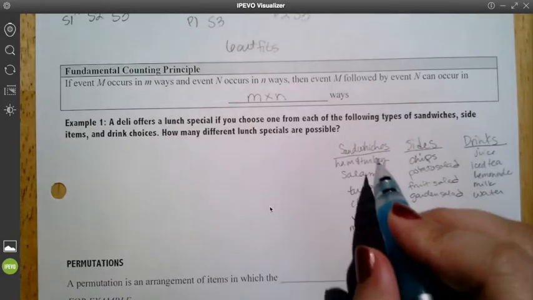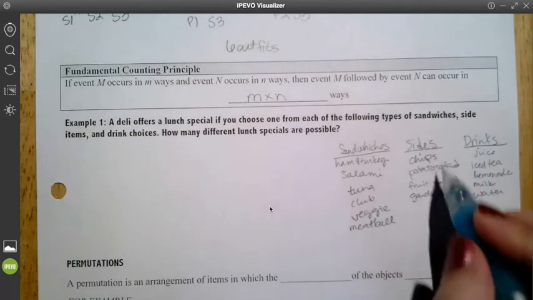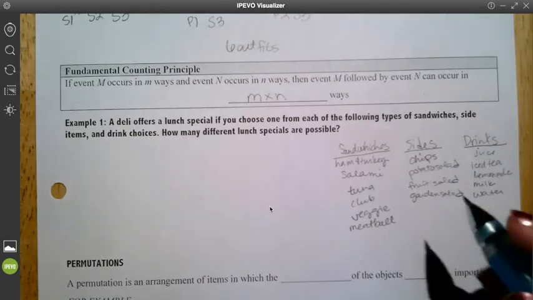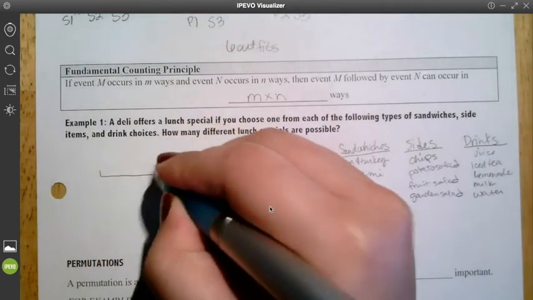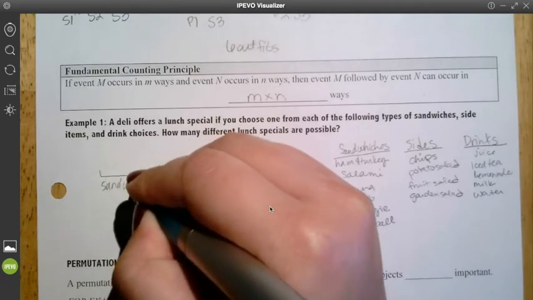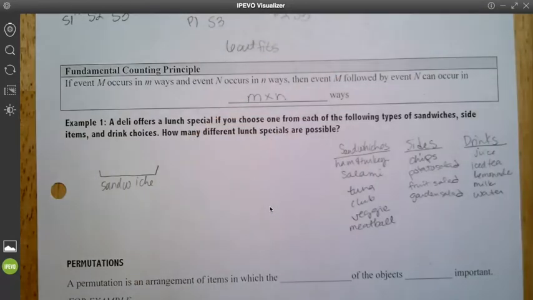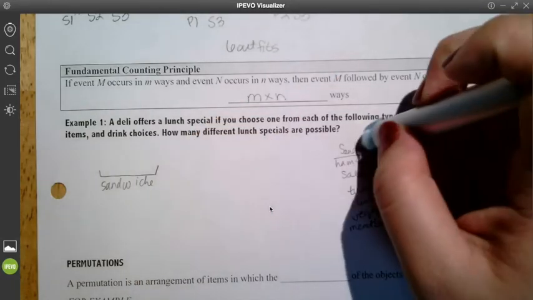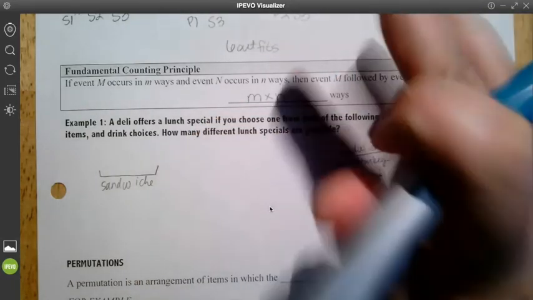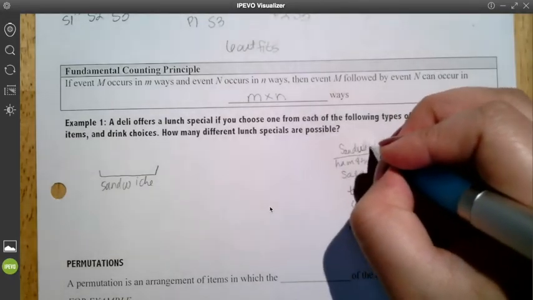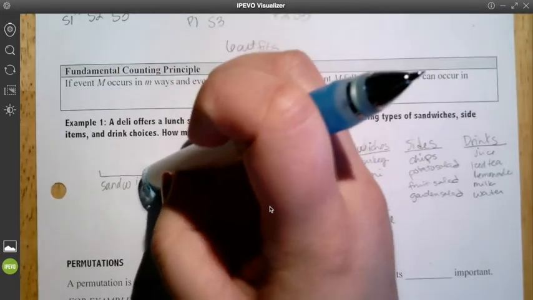Okay, so we are choosing a sandwich, a side, and a drink. So that's really 3 choices. Our first choice is the sandwich. I think I spelled sandwich wrong. Sandwiches.